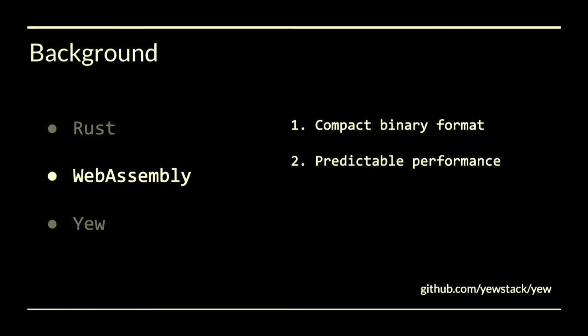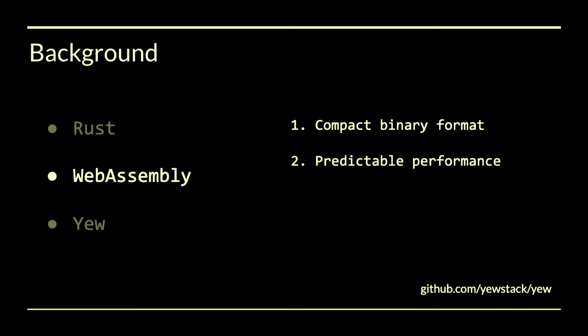So you write code in a high-level language like Rust, and you compile it down into WebAssembly, and it's just this format that can run in many different places. So all browsers can understand it. You don't have to actually understand how the WebAssembly is written.